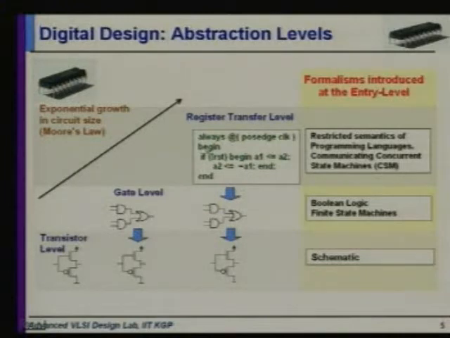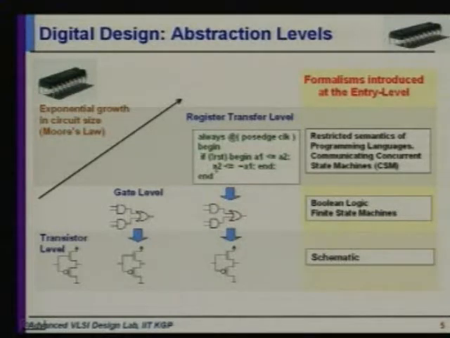For example, when you write always @ posedge clock, it means that this block is going to get triggered when there is a positive edge of the clock, which means when the clock goes from 0 to 1, then we do this. And what do we do?